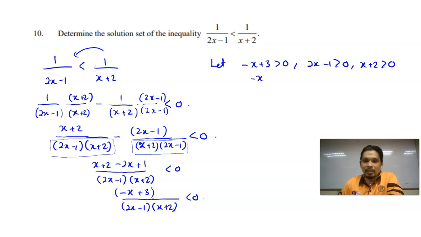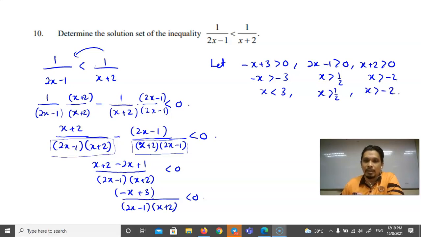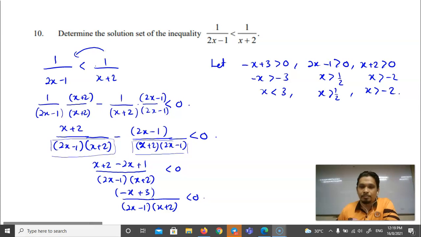Okay, negative x greater than negative 3. Then this one here, 2x greater than 1, so x greater than 1 over 2, and x greater than negative 2. For this one here, we divide by negative 1 left and right, so x less than 3, x greater than 1 over 2, and x greater than negative 2.